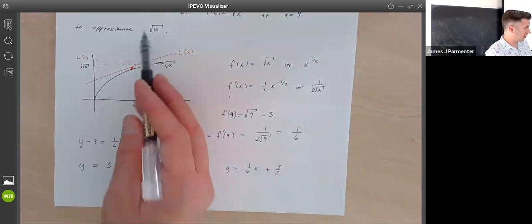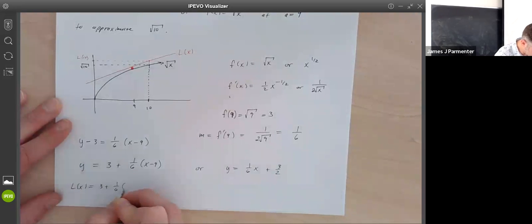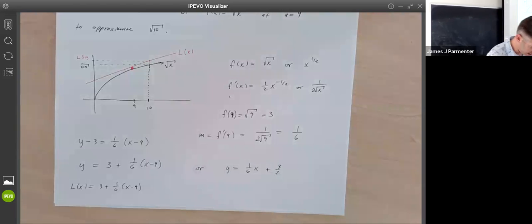If I'm trying to approximate the square root of 10 with my linearization equal to 3 plus 1/6 x minus 9, I think it's much easier to plug in 10 here than it is to plug in 10 here. It's not, I will say, that much easier in this example, but in the next example, you'll see it is easier to leave it unsimplified.